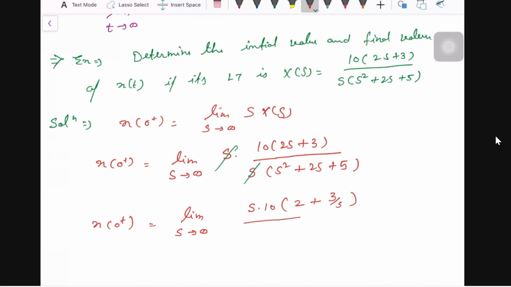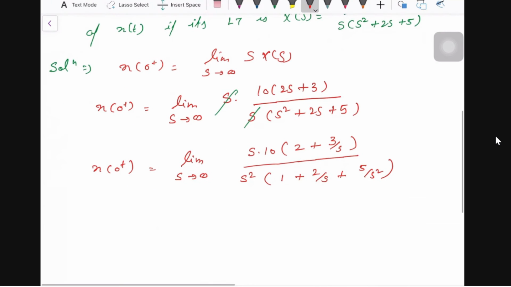Now in the denominator part, you can take s square common. So you will get 1 plus 2 by s plus 5 upon s square. So that will be cancelled out.